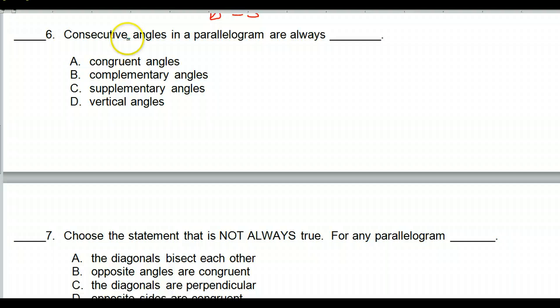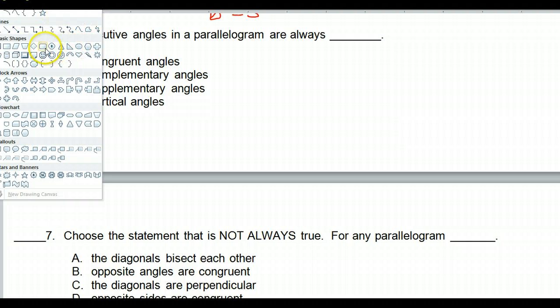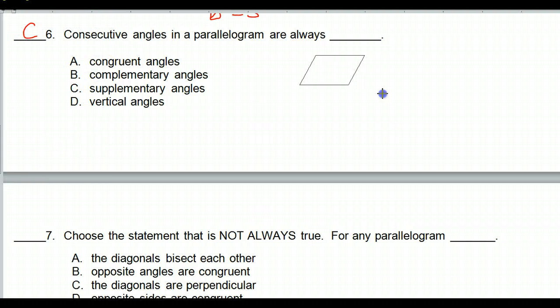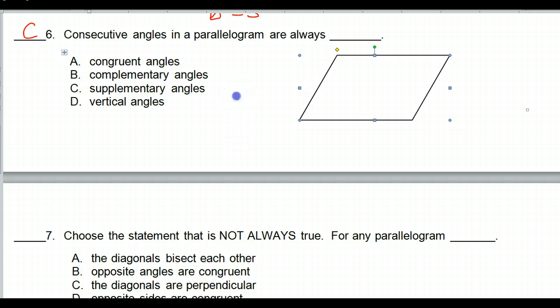Number 6, consecutive angles in a parallelogram are always supplementary. Yeah, they're always supplementary. So that's C. Just to be clear, when they talk about consecutive angles in a parallelogram, here's a parallelogram. Consecutive angles are like these angles right here.